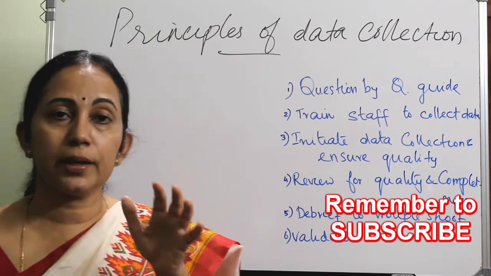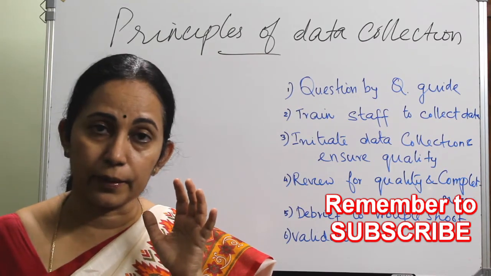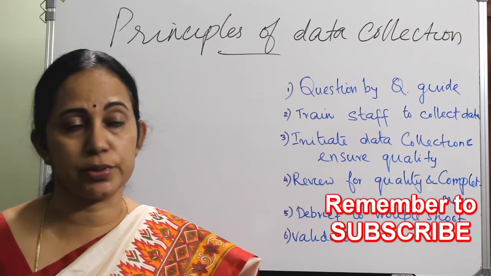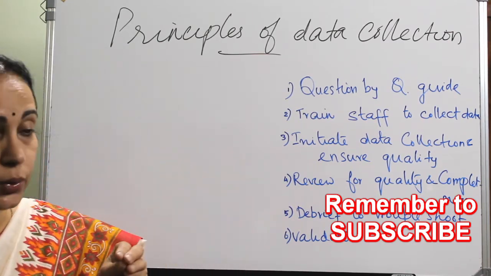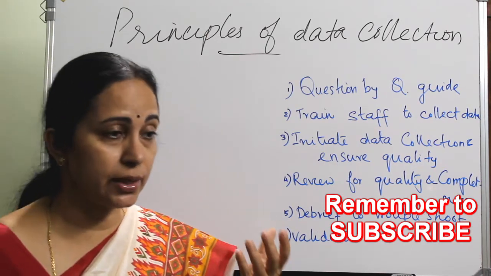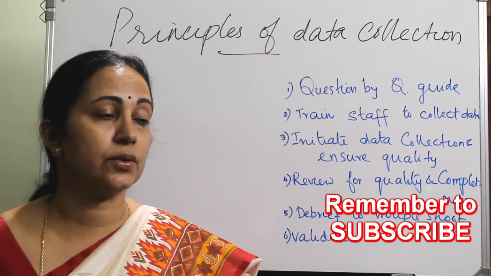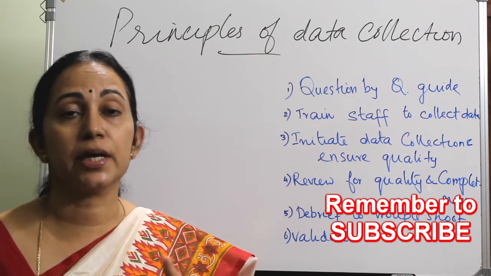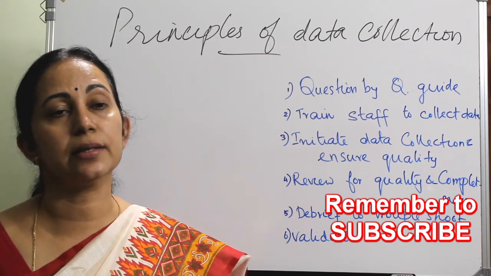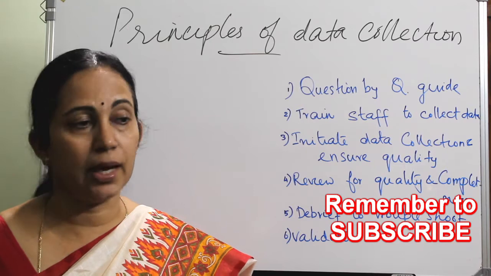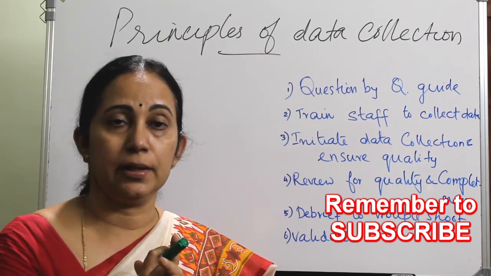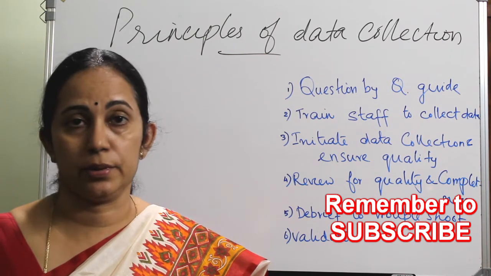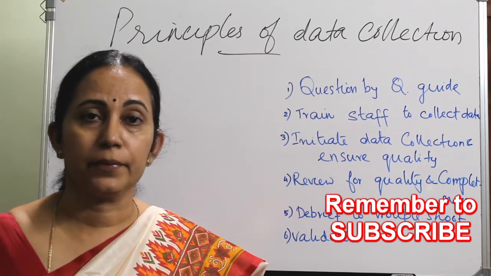So make a very good Q by Q guide for each question, so that which one has to be stressed to the patient, which one has to be repeated, which has to be given props, etc. should be clearly defined. I'll tell with an example. In a questionnaire, question number 6 has the type of house, Pakka or Kacha.